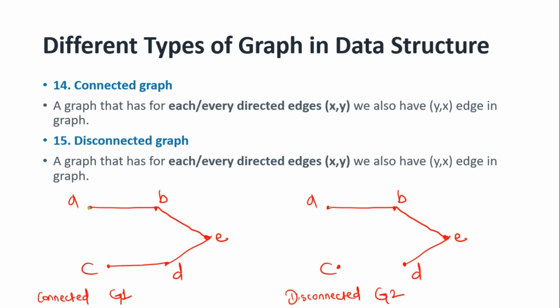For example, from vertex A I can go to B, from vertex A I can go to E, from vertex A I have a path which goes to D, but from vertex A I do not have any path which goes to C. There is no edge or intermediate vertex through which I can start from A and reach C. So this graph is a disconnected graph, because there is no edge or path between a particular vertex and all the other remaining vertices.